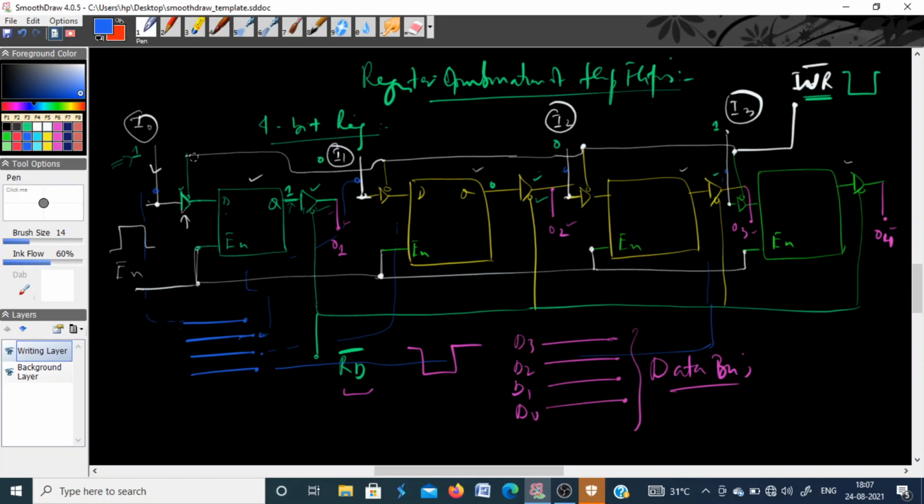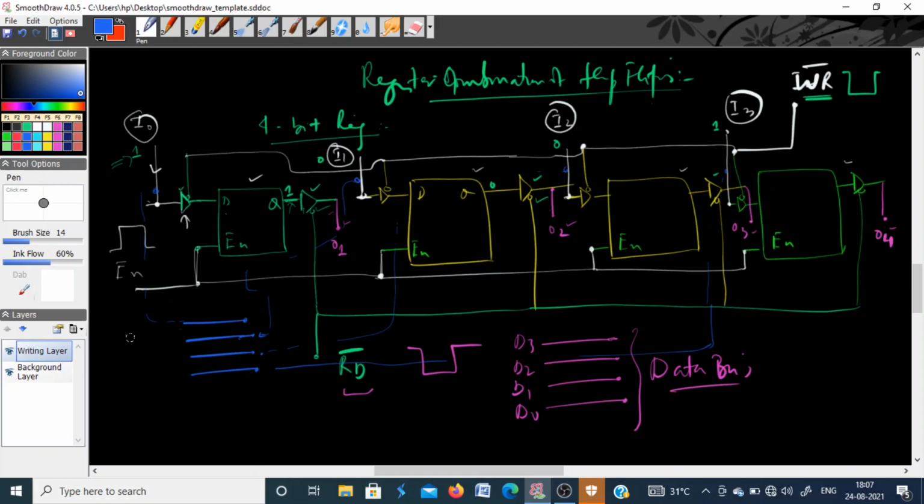So all 4 inputs of the register are connected with the 4 data lines of the databus. We do not have 2 separate databuses for taking data into the register or from the register. The databus is a single group of lines, used to store the data or to read the data from the memory, or to write the data into the memory.